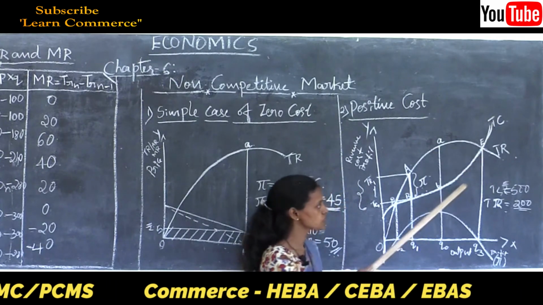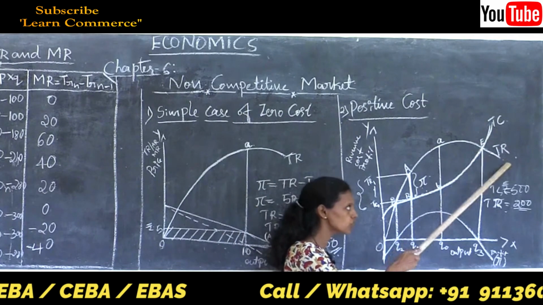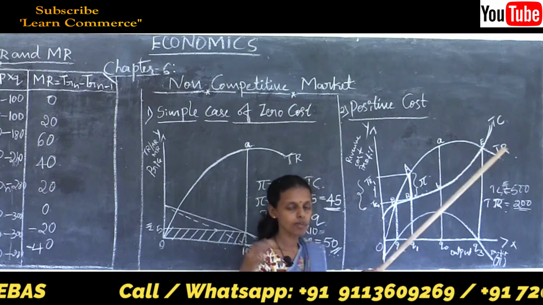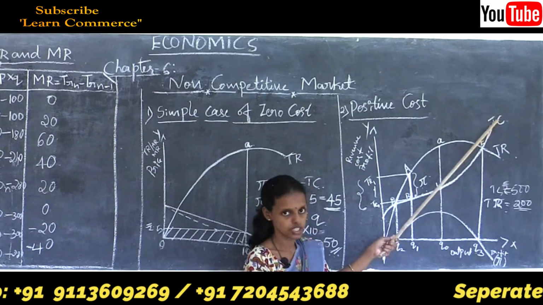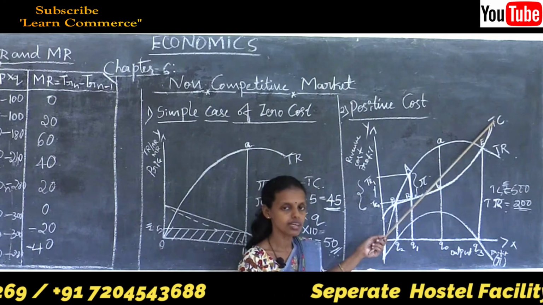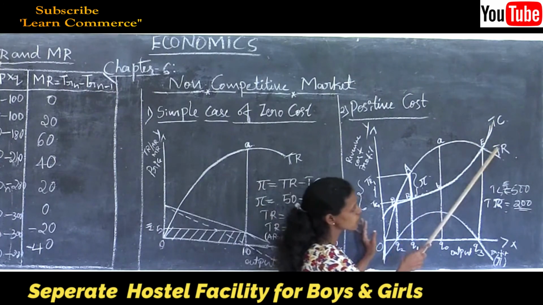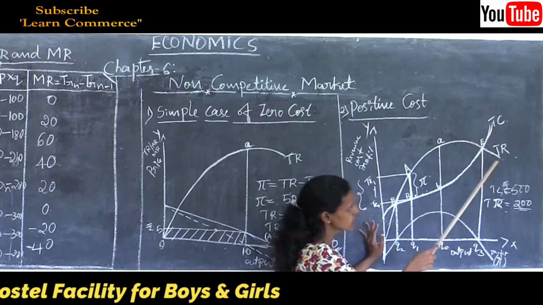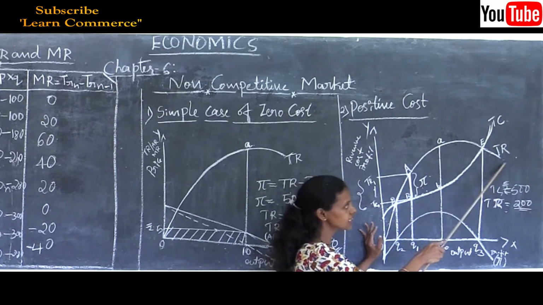Why is it positive cost? After that, the firm is again going to maximize its profit with the hope of getting maximum sales. They are going to increase the cost of production. Sales increase, demand increases, so investment also increases. Thus total cost goes on increasing, but afterwards total revenue decreases.